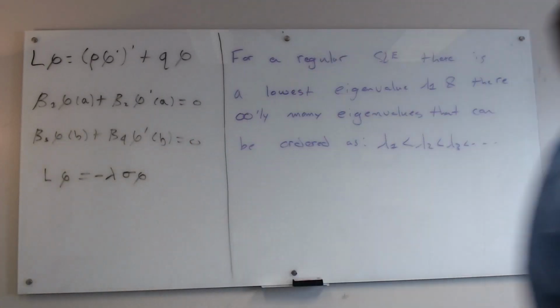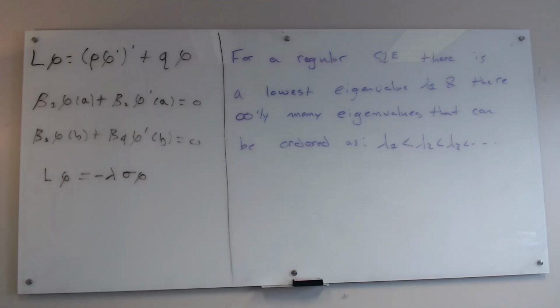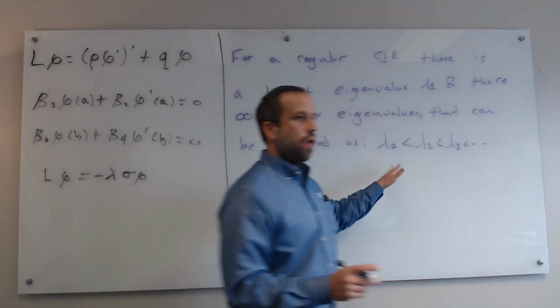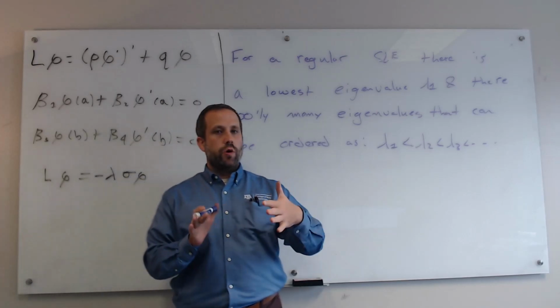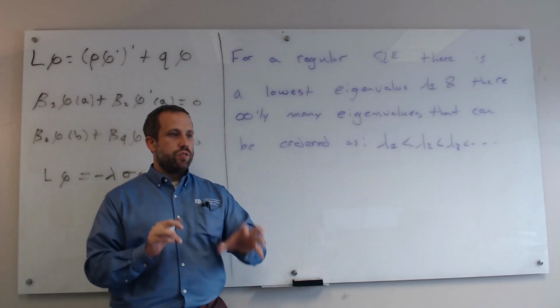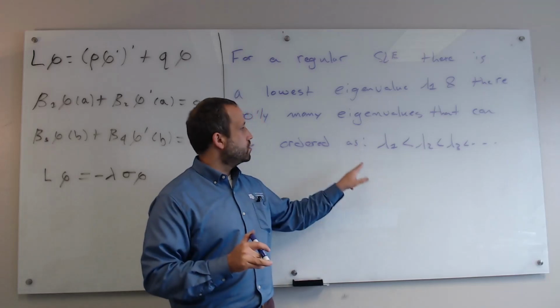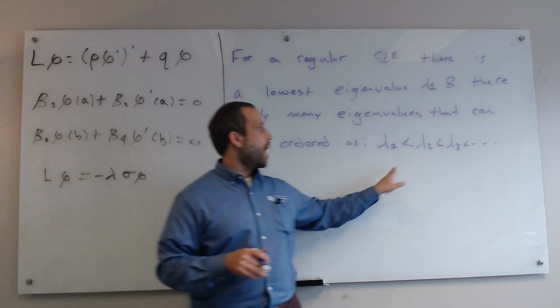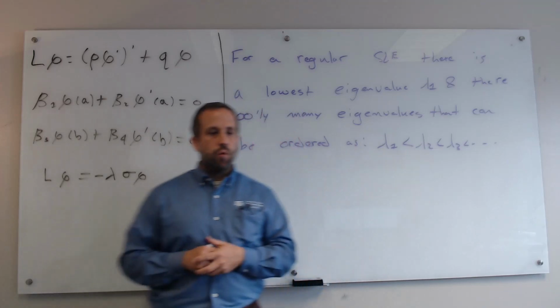So there's one that comes after that. There's a well-defined next eigenvalue that comes after lambda_1. So lambda_1 is the smallest eigenvalue, and then there's always going to be a well-defined eigenvalue that comes after, lambda_2, and there's no eigenvalues between lambda_1 and lambda_2.